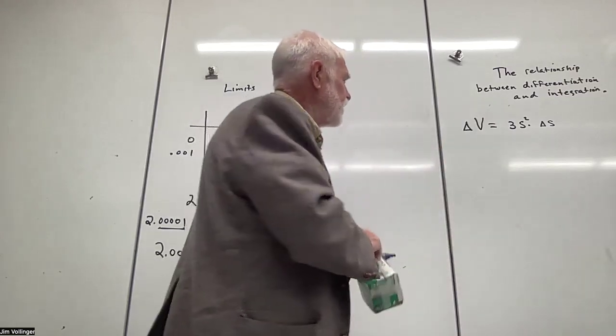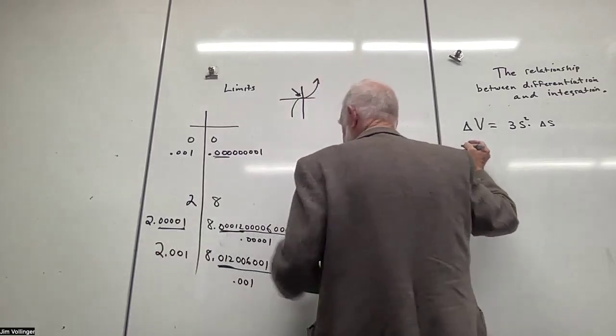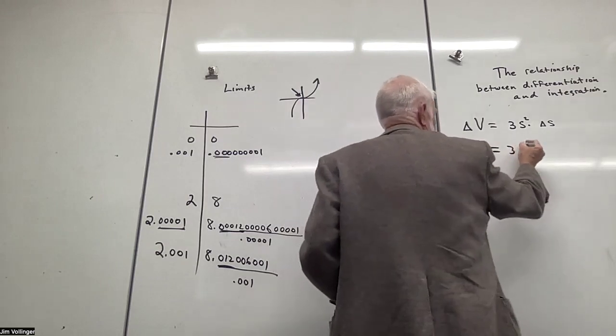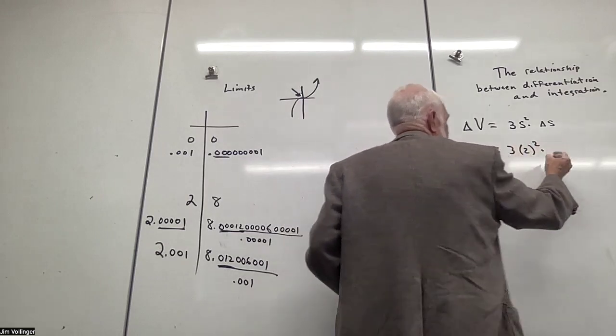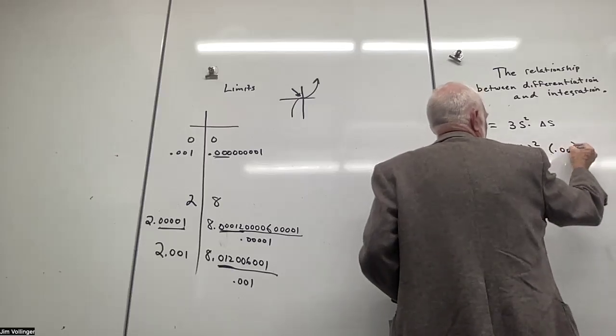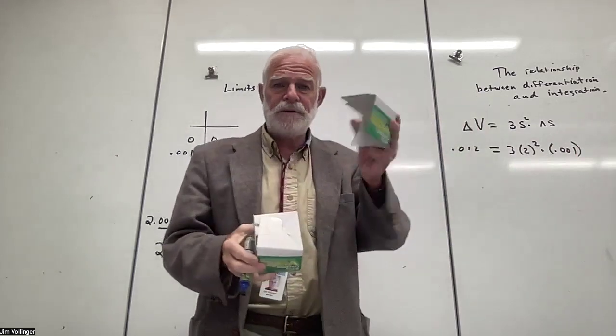And it can be represented by the change in volume. We could represent it over here as the change in volume was 0.012. It came from 3 times 2 squared times 0.001. Well, that's getting us this representation of volume.